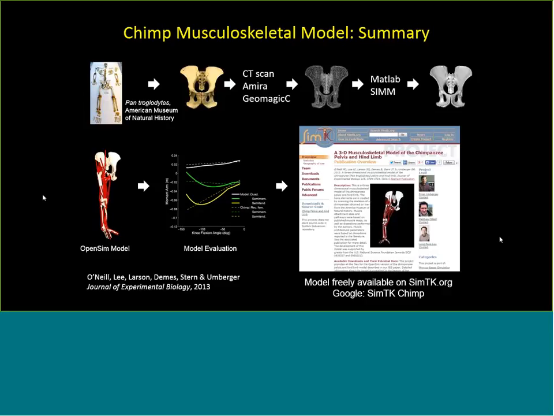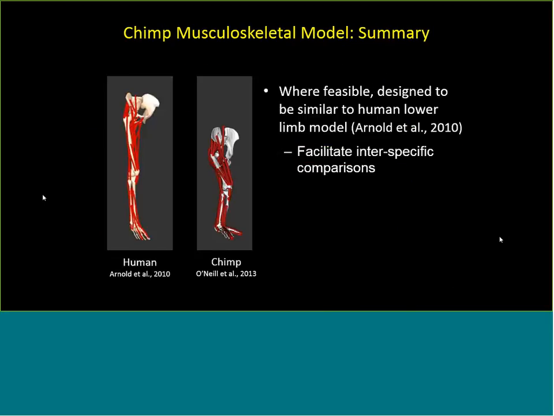So a couple of final comments related to the model and its development. About the time we were starting on this project, there was a new updated human musculoskeletal model that was published by Edith Arnold, Scott Delp, and colleagues.